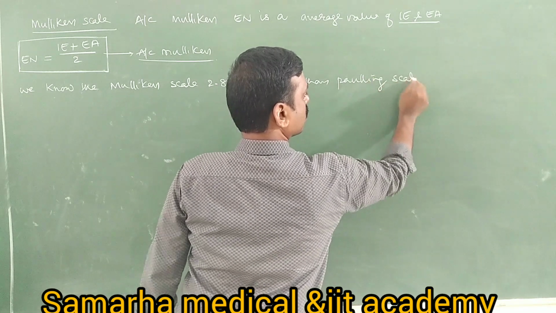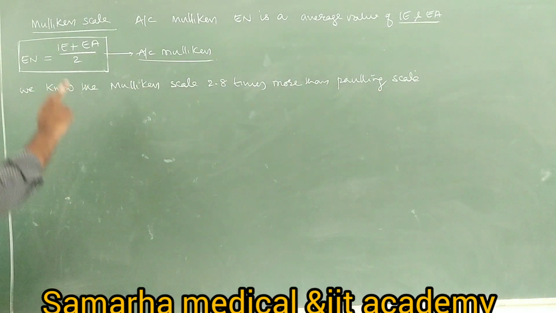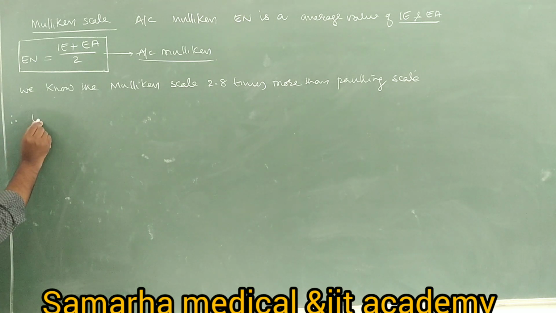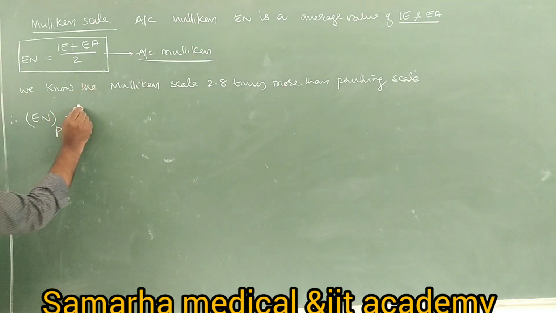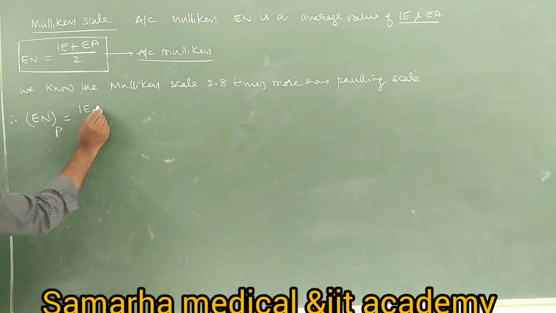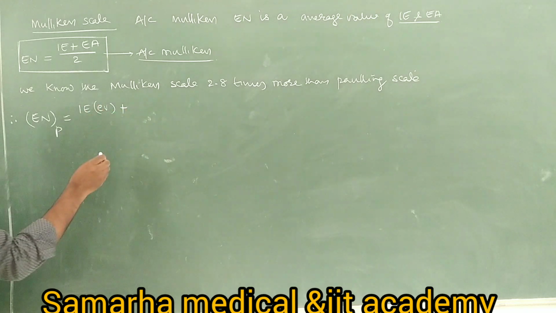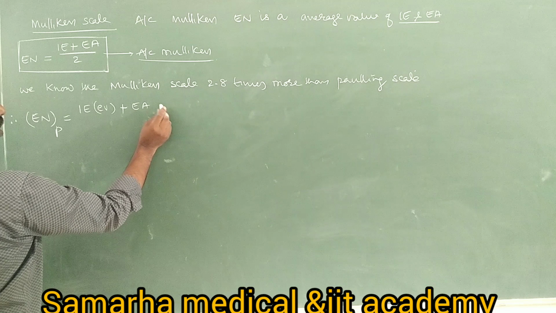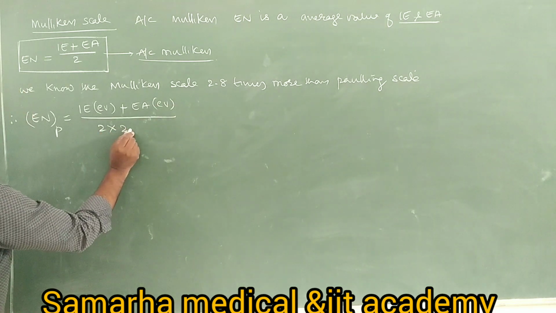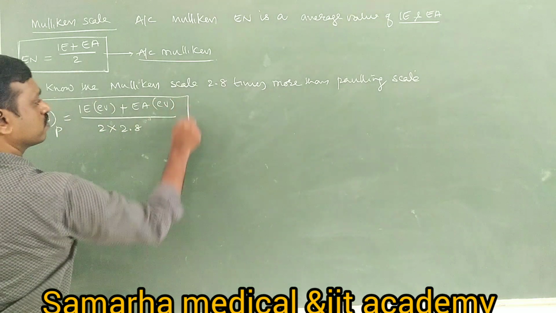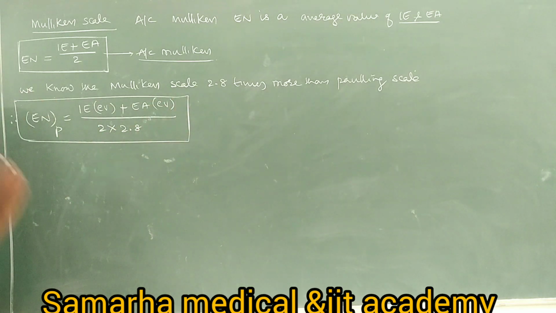So I want to convert to Pauling scale. Electronegativity in P, Pauling scale, is ionization enthalpy in electron volt plus EA, also in electron volt, divided by 2 into 2.8. Yes or no? Let it be, we get 5.6.